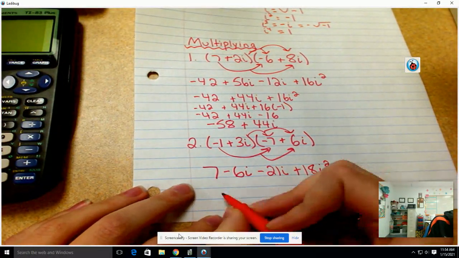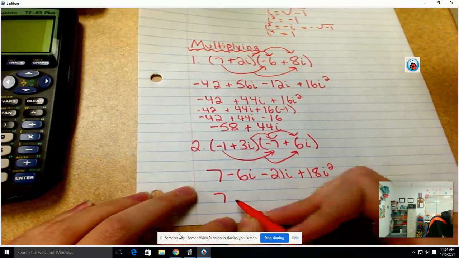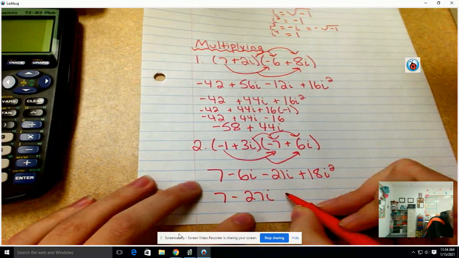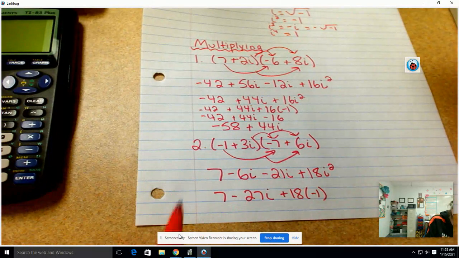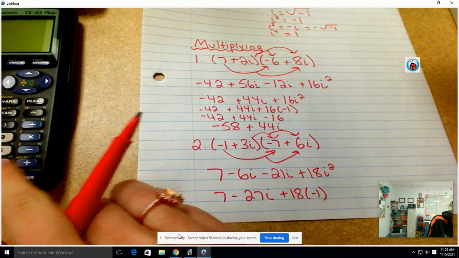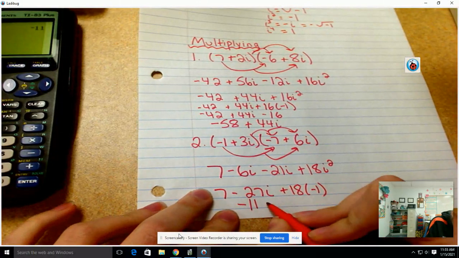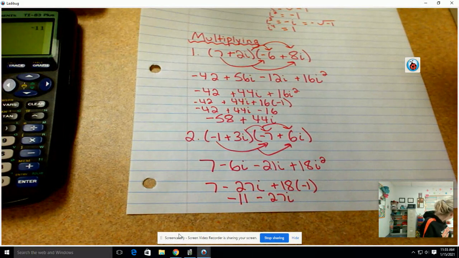Combine our like terms and go ahead and substitute in for our i squared. We're going to get 7 minus 27i plus 18 times -1. So that's going to give us 7 plus -18. That's going to give us -11 minus 27i. A plus bi format, so we are good to go there.